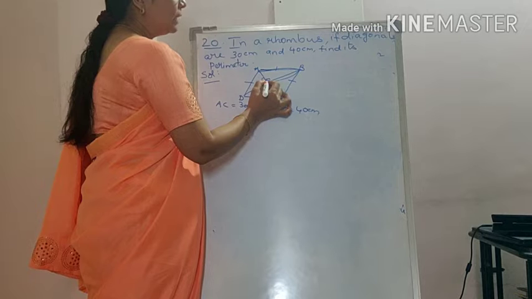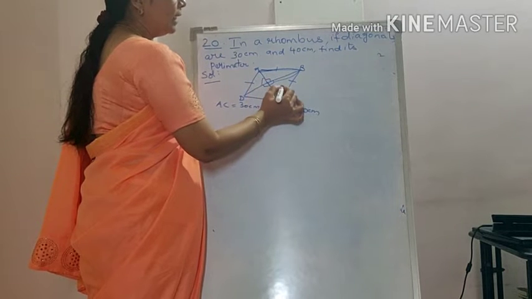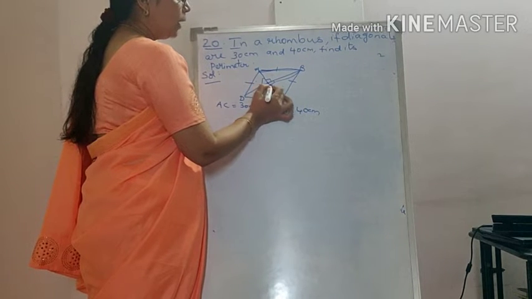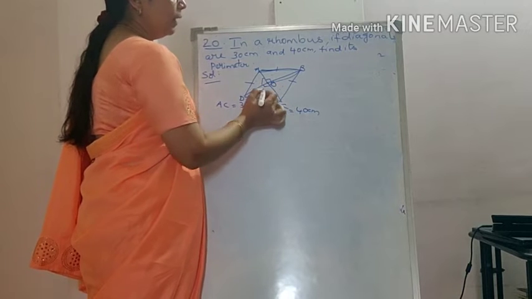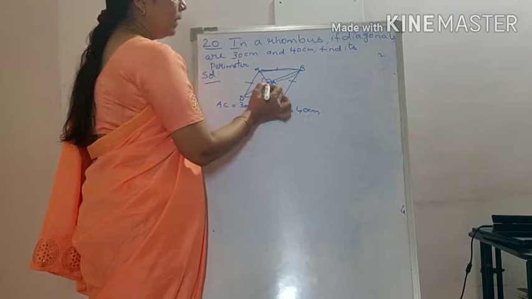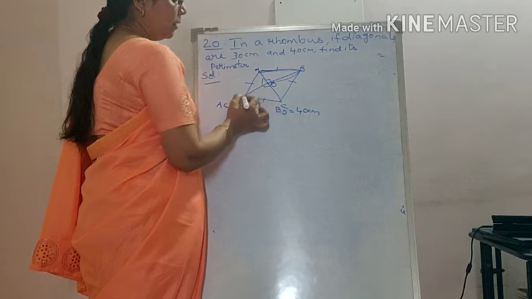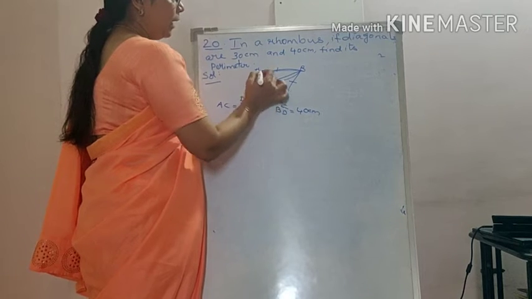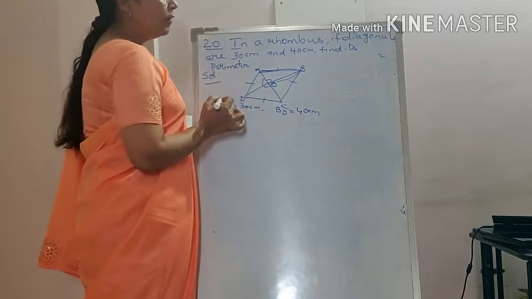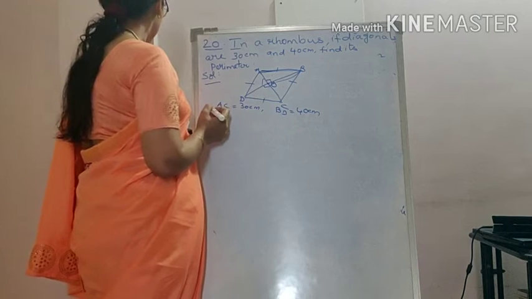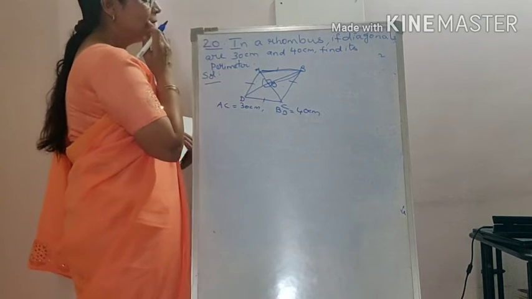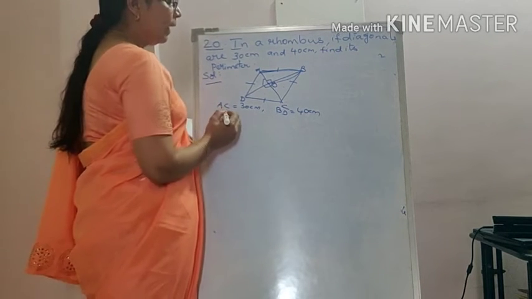the figure is divided into 4 right-angled triangles. Let this point be O. There is a right-angled triangle OAB, OBC, OCD and AOD in this way. We will make use of these right-angled triangles and then we will find out the side.